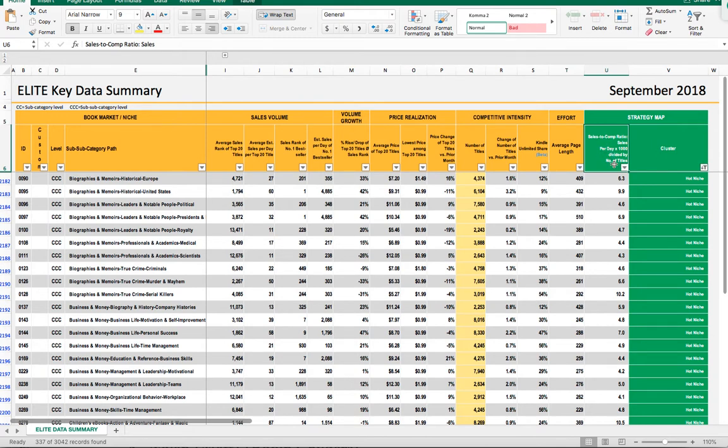And so what this program does is it takes the amount of sales per day times 1,000, and then it divides it by the number of titles in that particular subcategory, because we're in the elite level, and you get a number. Now the numbers go up, they don't end.